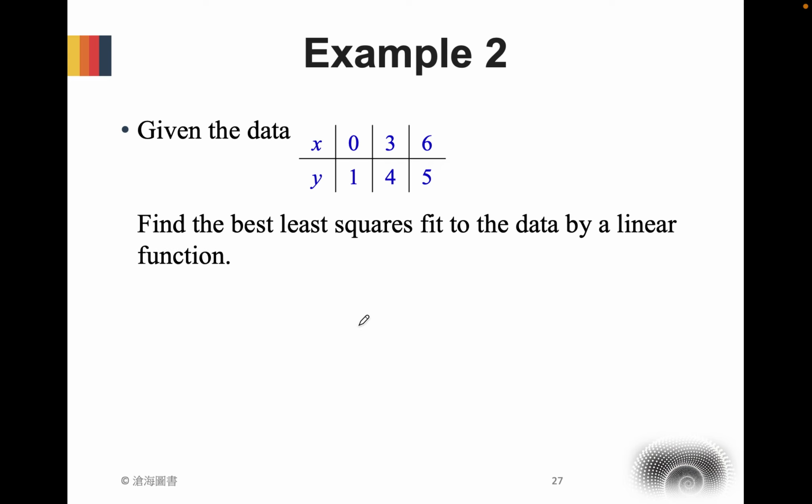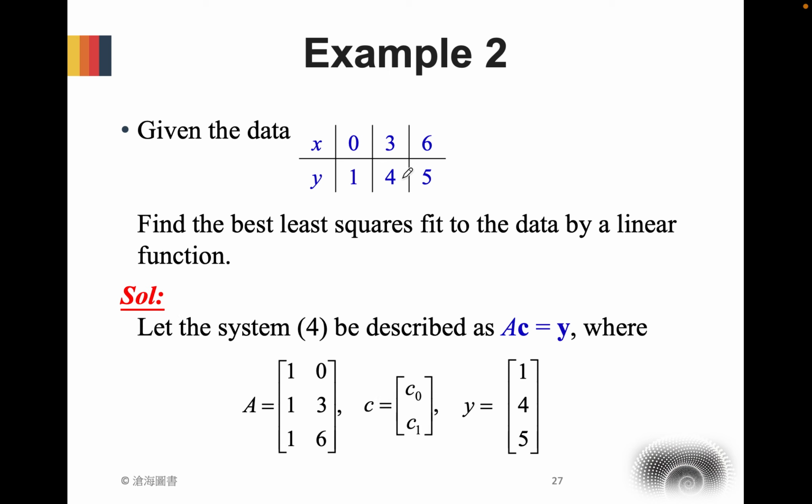So let's see some example. So if x is equal to 0, y is equal to 1, x equals 3, y is equal to 4, and so on. So we just write down the corresponding linear system Ac equals y. So the matrix A is 1, 0. What is 0? 0 is the first x. 1, 3. 1, 6.